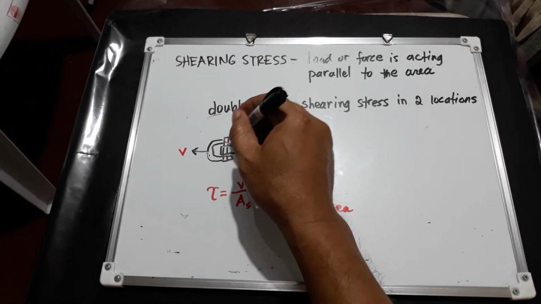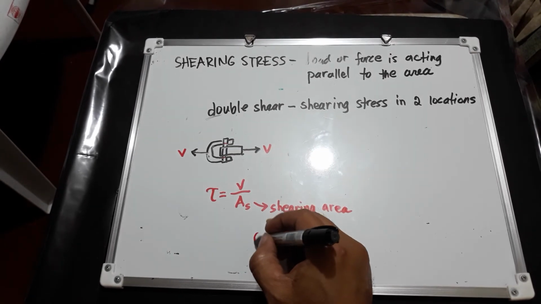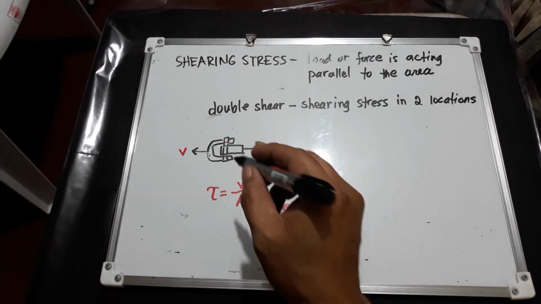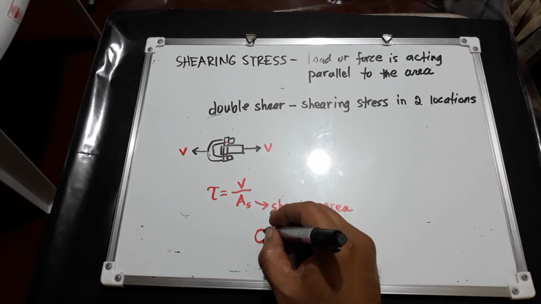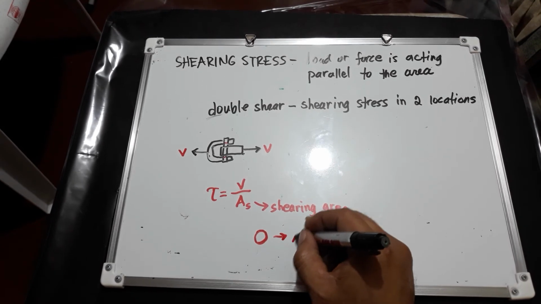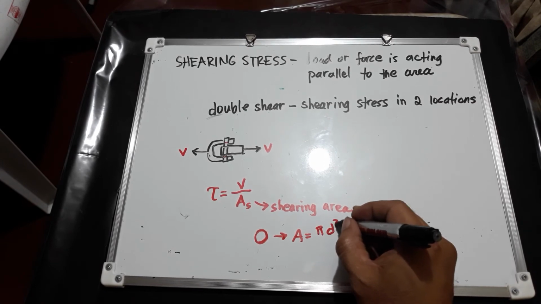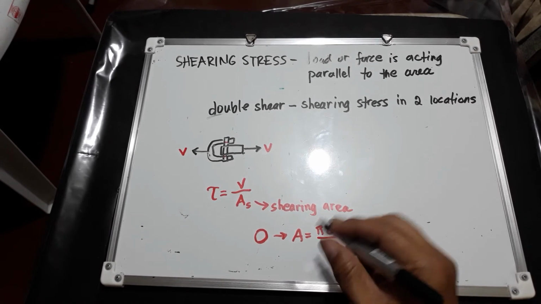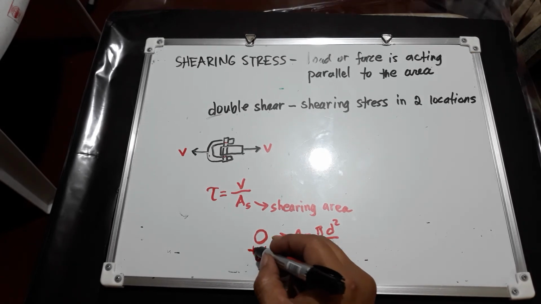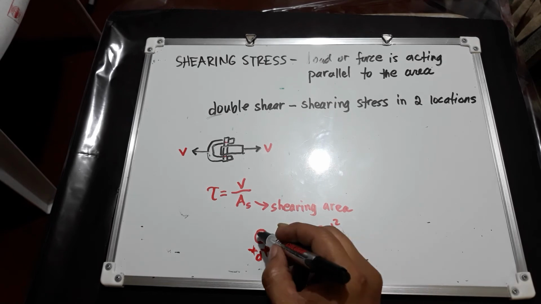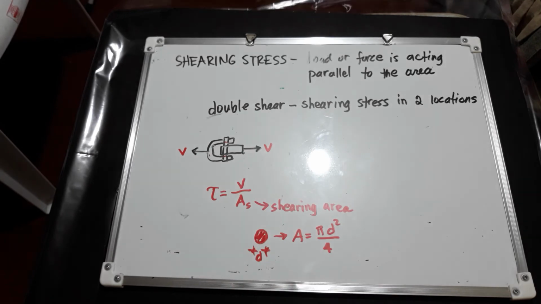So if we are going to examine the cross section, the bolt is circular. The cross section is circular, no? So what is the area for a circle? The area of a circle is pi d squared over 4. So this is now having a diameter d. So that is now the area, which is the cross section of that bolt.